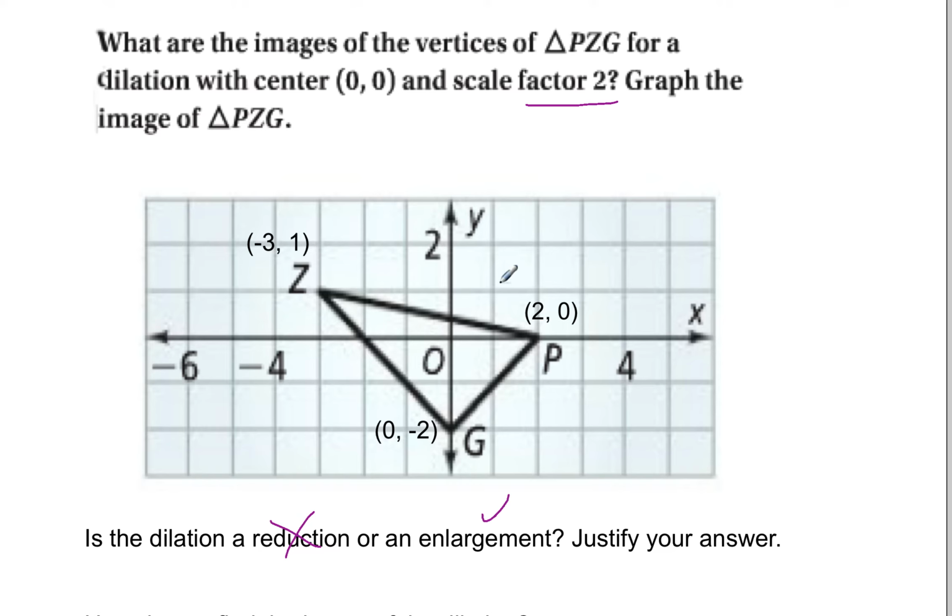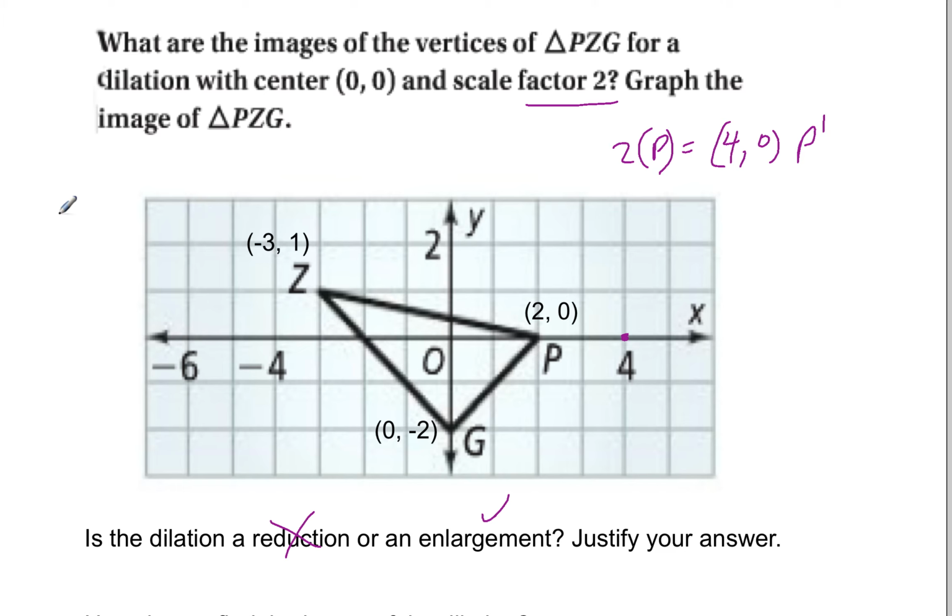Then the question is, what are the coordinates of my new figure going to be? Well, what we need to do is we take each of these coordinates and we multiply them by 2. So I'm going to take 2 times p, and p is 2, 0. So that's 2 times 2, which is 4, and 2 times 0, which is 0. So this is my p prime. So p prime is 4, 0.